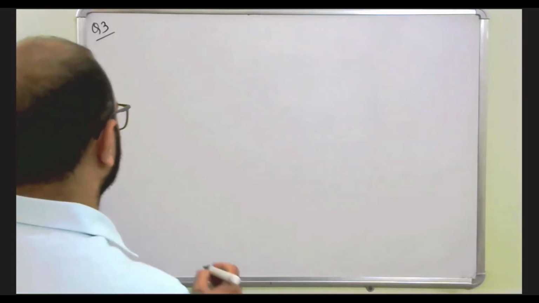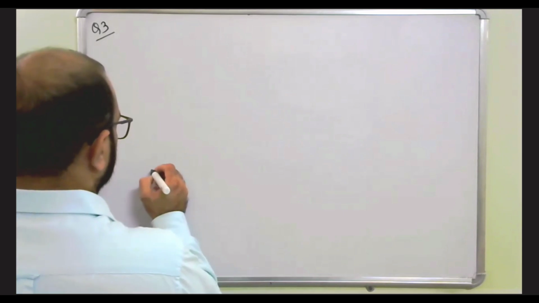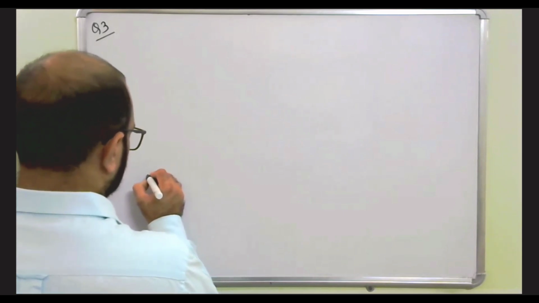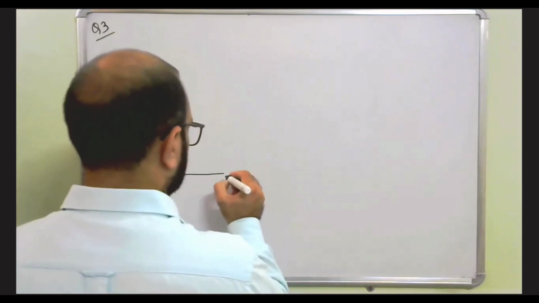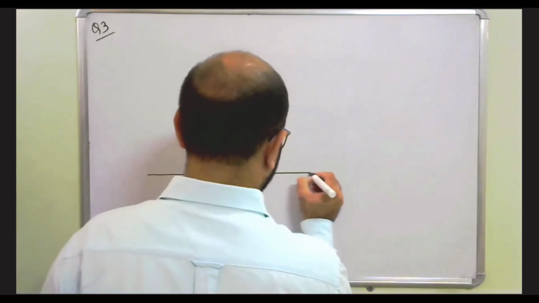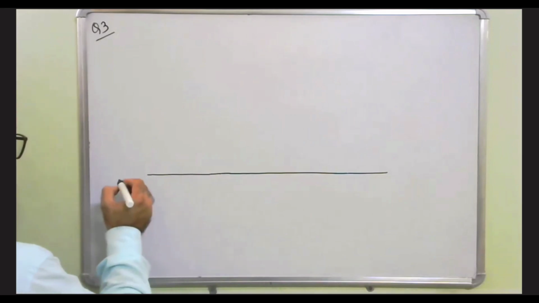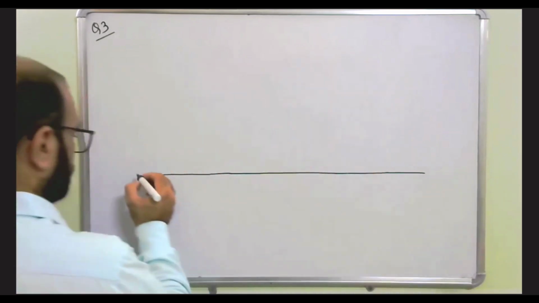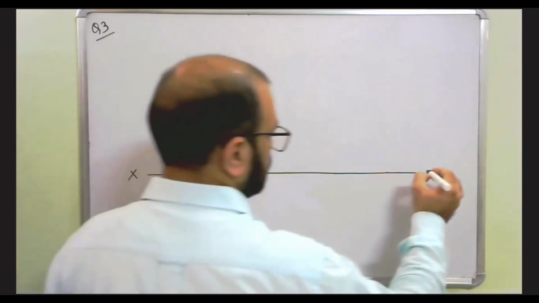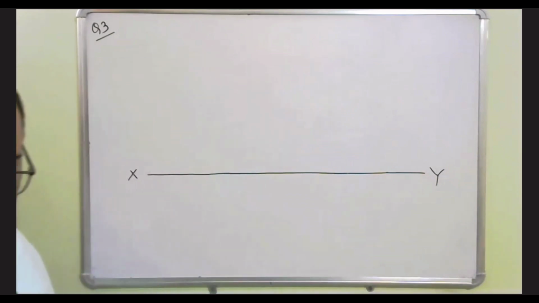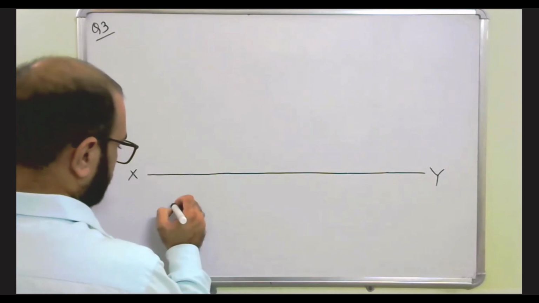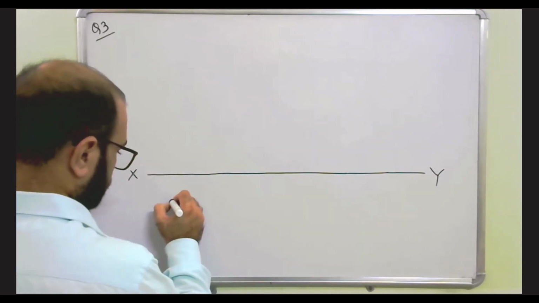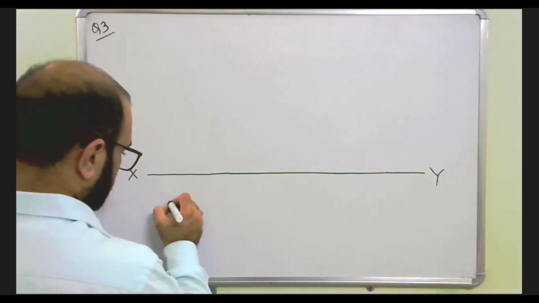Let us draw the XY line first. Let us say this is X, this is Y. Let us draw it the other way, like this. First of all, draw the actual view of the pentagon.